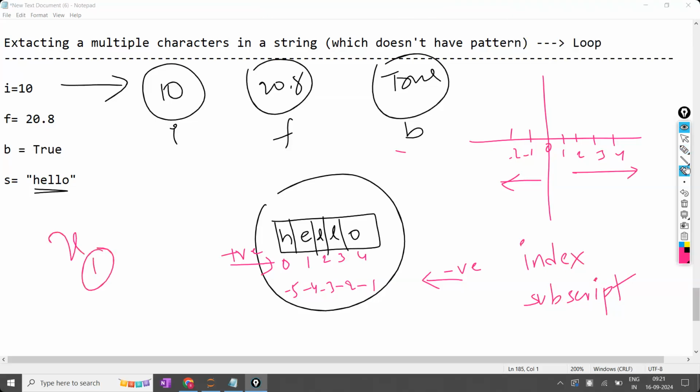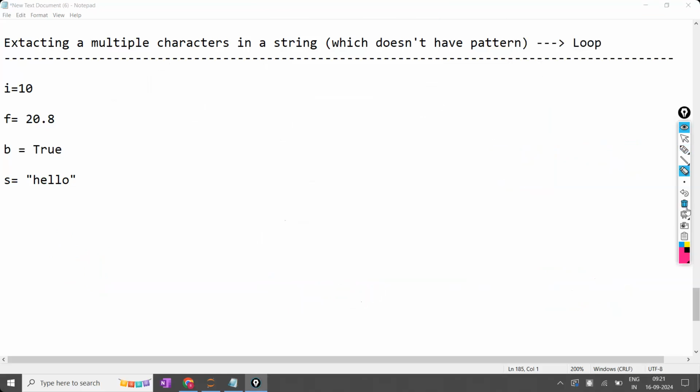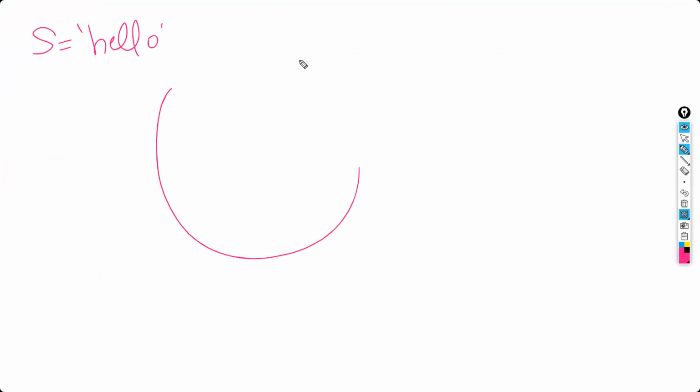Is the point clear? So like this, we are going to create the object. For clear understanding, I'm going to write here s is equal to string hello, and the object is created like that.